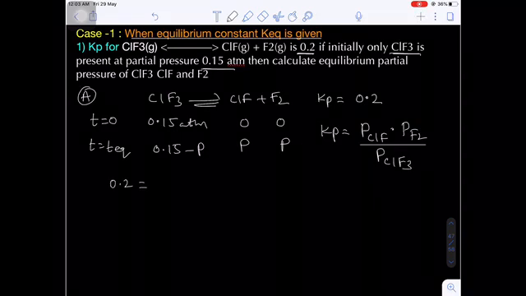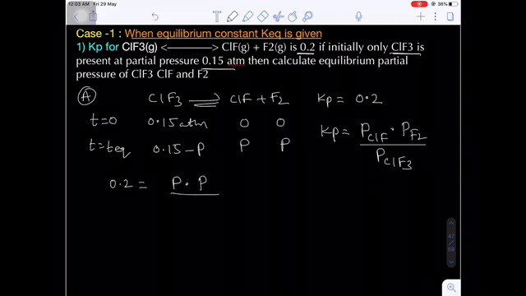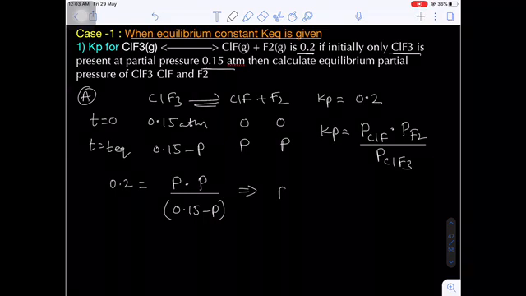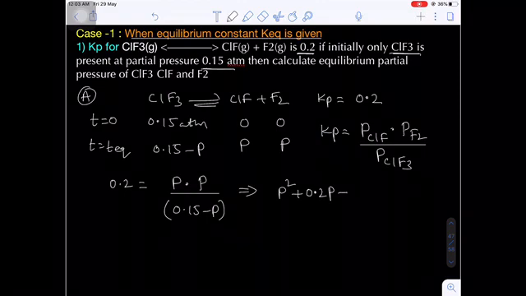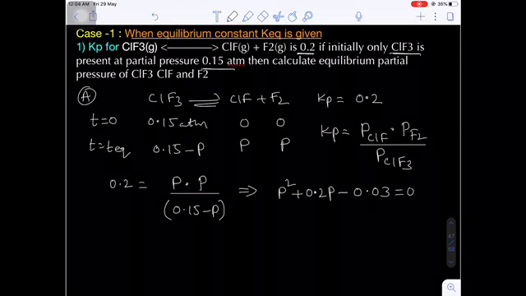Now 0.2 is equal to P times P, whole divided by 0.15 minus P. After simplifying this expression, you will get P square plus 0.2P minus 0.03 is equal to 0.